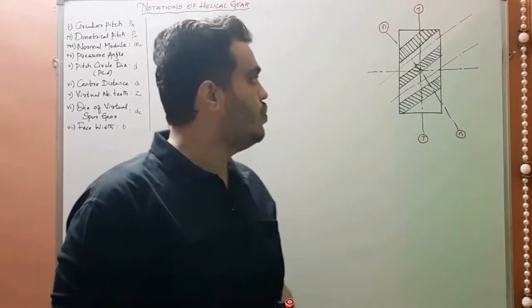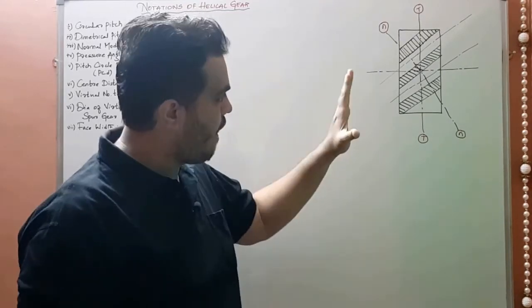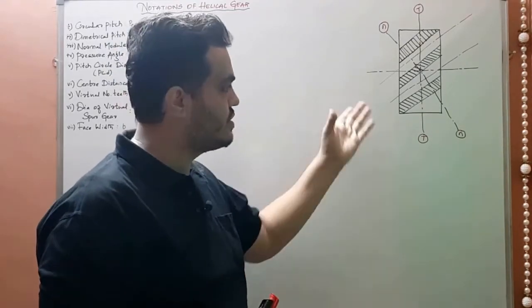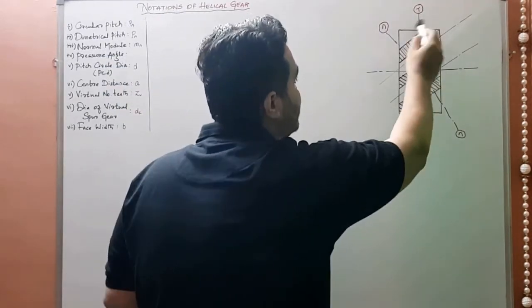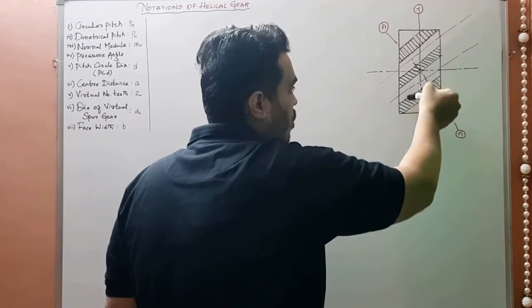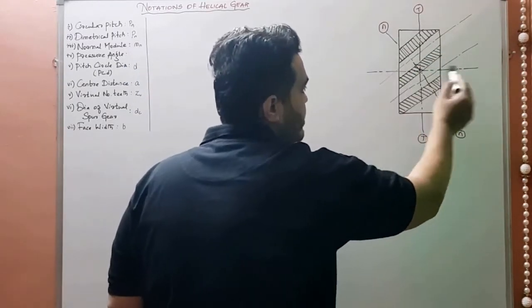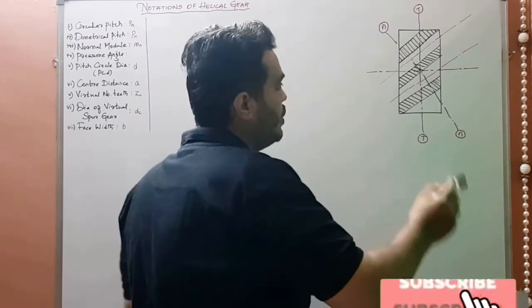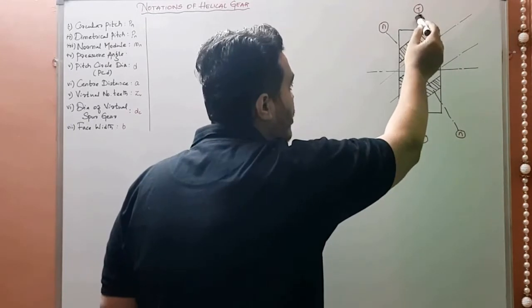Here I have drawn one helical gear, the front view of a helical gear. This is also a line diagram of a helical gear. These are the teeth which I have cross marked, and this is the shaft axis. To define the notations of a helical gear, we need to consider two planes.